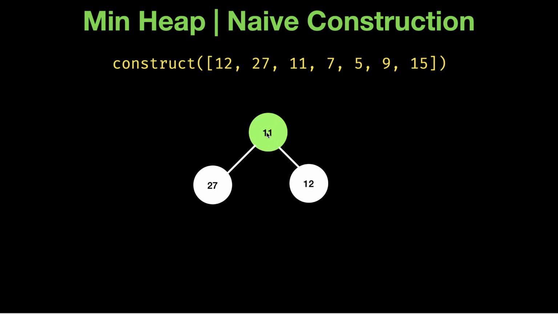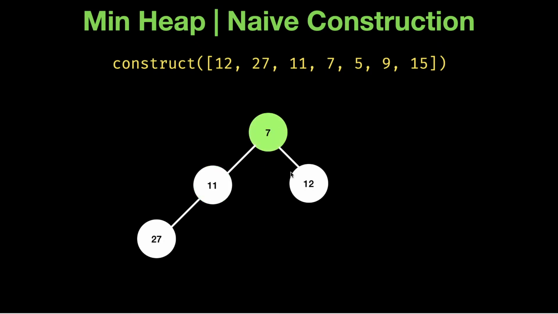So 11 gets swapped and 12 comes down, and then we insert 7 again, and we will try to swap it with its parent, because 27 needs to be less than 7, right? So it goes up. Again, the heap invariant property is not satisfied, because 11 is less than 12, but 11 is not less than 7, so 7 needs to go up.